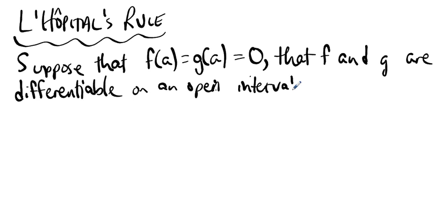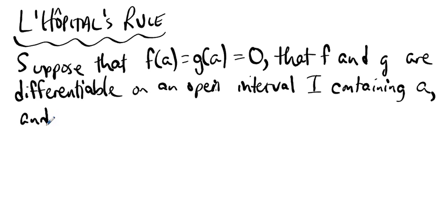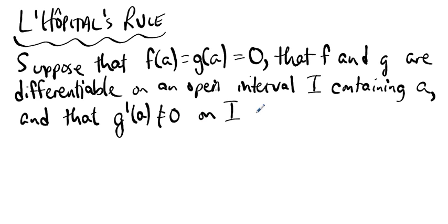So not only are they continuous, they are differentiable on an open interval I containing a. Containing a what? No, containing this a. And you have to further suppose that g prime of a is not 0 on the whole interval except maybe at a.